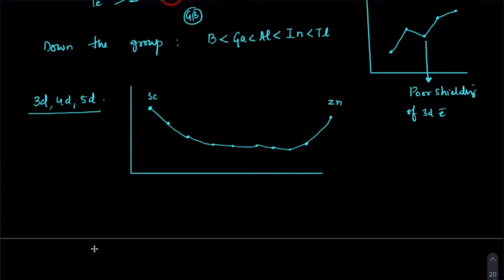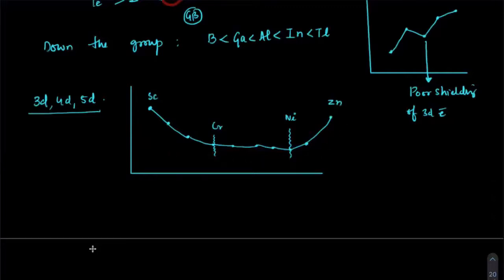What you have observed here is that almost from chromium up to nickel, on average, the sizes are very close to each other, so all of them are almost similar size. The same fundamental follows in 4d and 5d also.